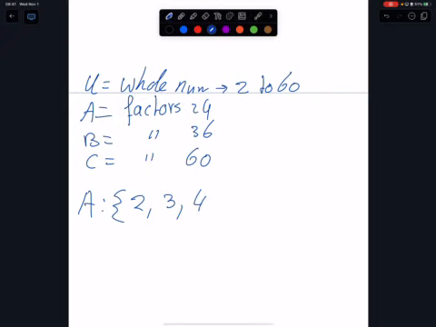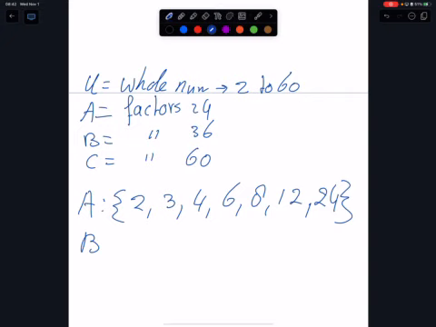You have 4. 6. 8. 12. 24. All these numbers are factors of 24.